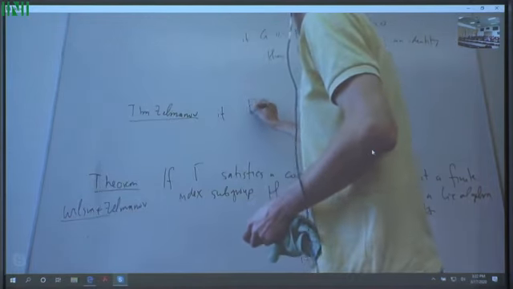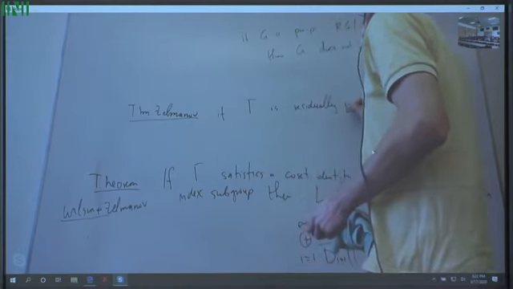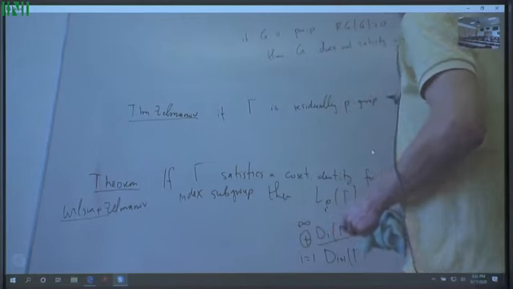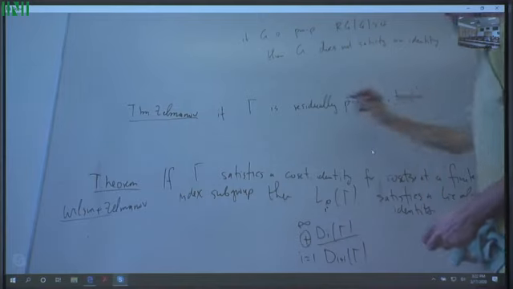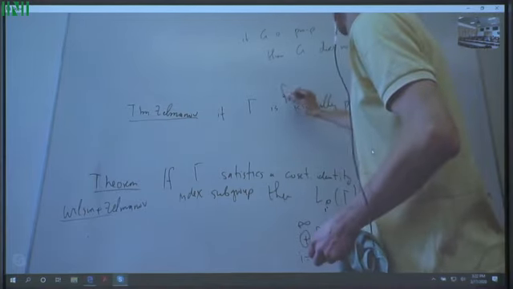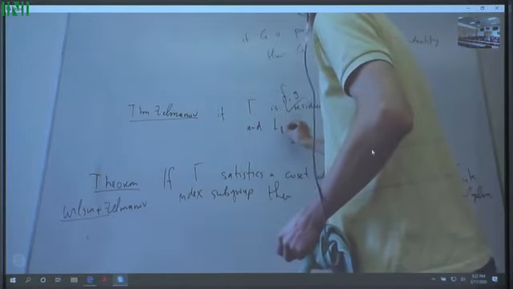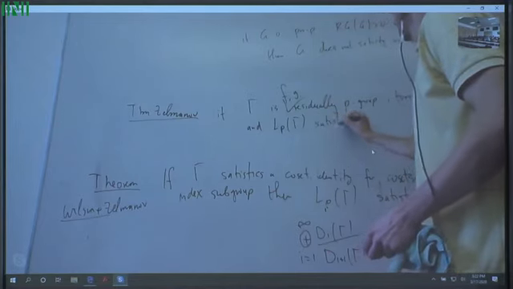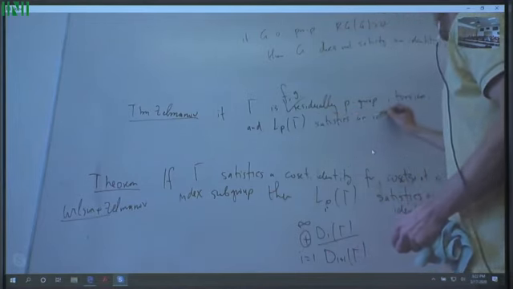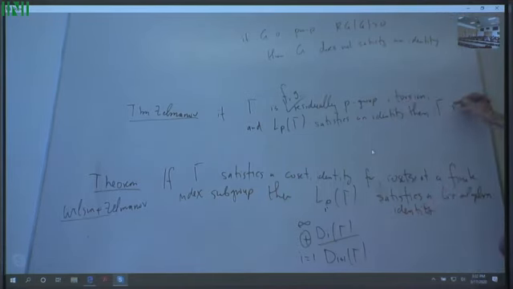If gamma is residually p, torsion, finitely generated, and its associated Lie algebra satisfies an identity, then gamma is a finite p-group.